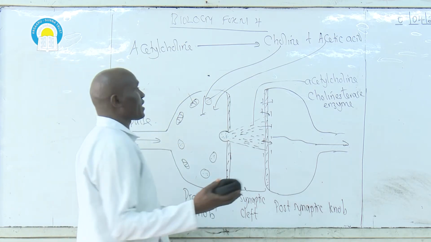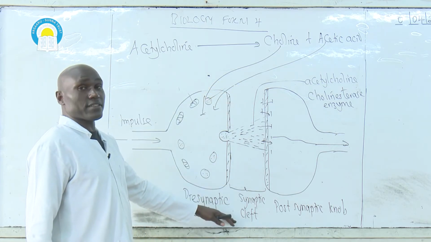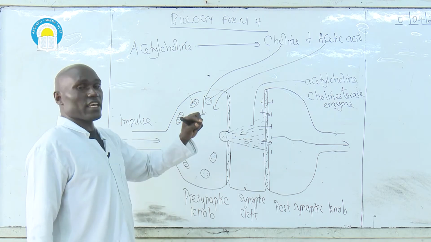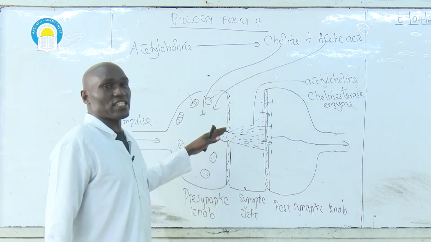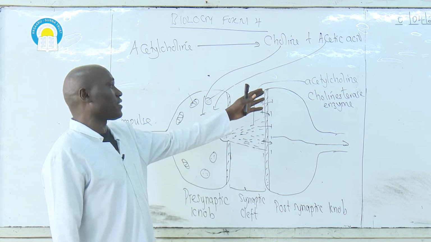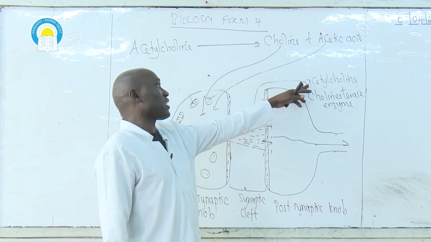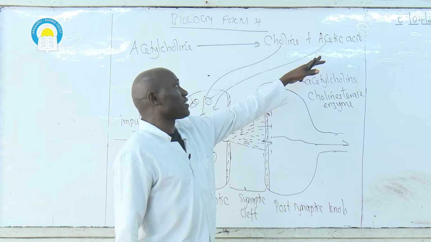Fine, so we've learned that choline esterase is normally found inside synaptic cleft. Its function is chemical breakdown of acetylcholine once it has transmitted nerve impulse across synaptic cleft. Acetylcholine is broken down into choline and acetic acid.